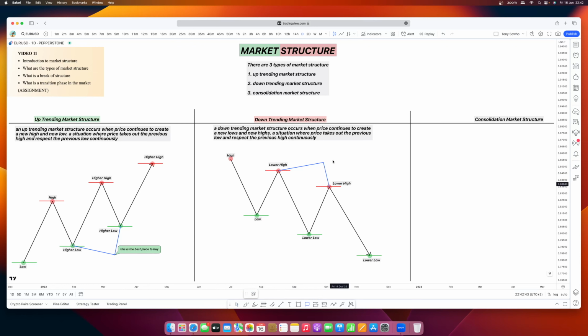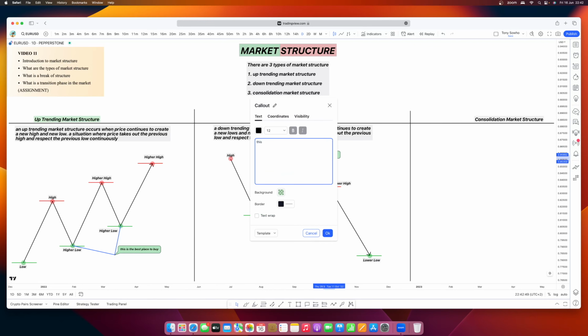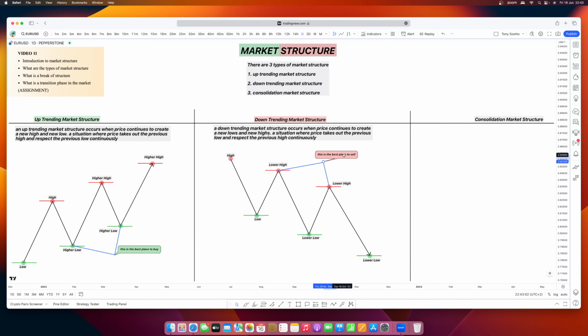So this area is the best place to sell. Now we can change this to red. Okay, so this is the best place to sell.